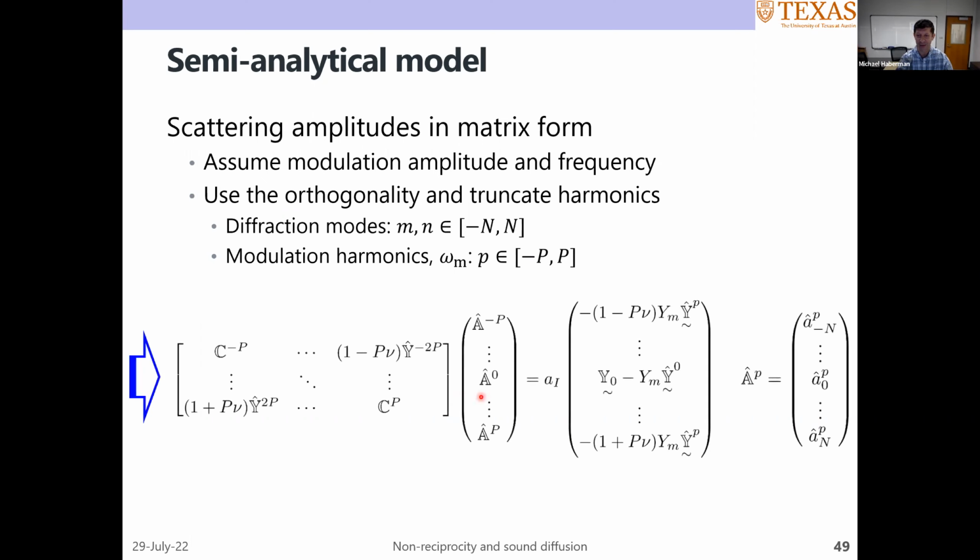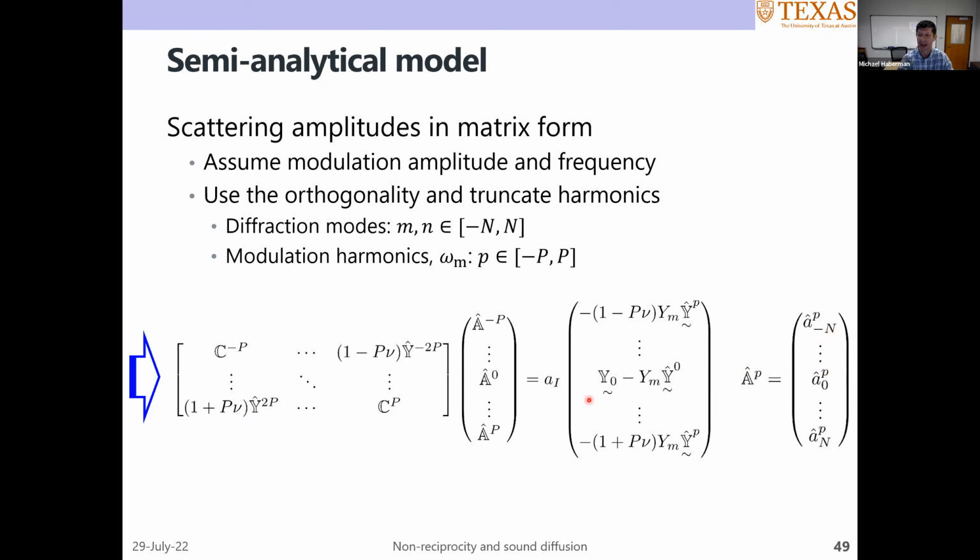We substitute all that in, and we end up with this really messy block matrix formulation. I'm not going to explain all the details because it would take the rest of the time that we have, which is not a lot. Here you have block vectors for every modulation harmonic P, with 2n diffracted orders.